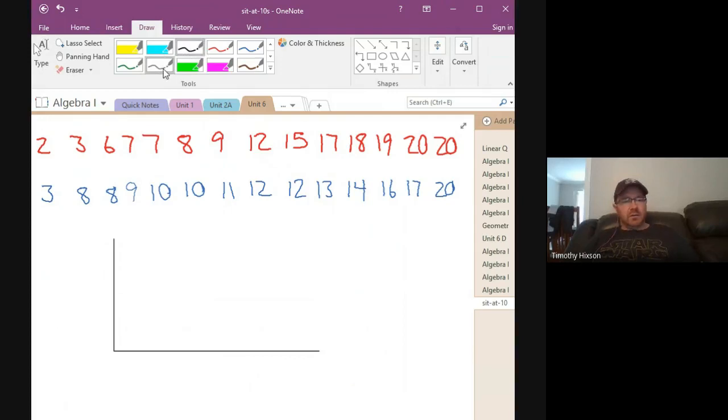Okay. So as I look, I'm going up to 20, and it's spread out. I only have 14 pieces of data, so I'm going to go ahead and split it up by 4s. Okay, so I'm going to make one go from 0 to 4.